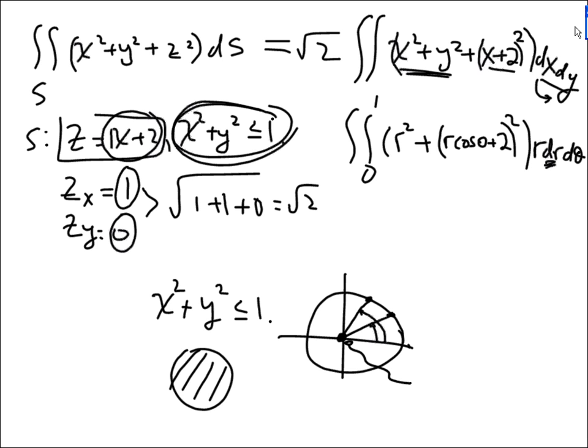Over here, r is always 0. Along the circle, r is always 1. So r goes from 0 to 1, and theta goes all the way around the circle, 0 to 2 pi. And that integral is a bit easier to solve.